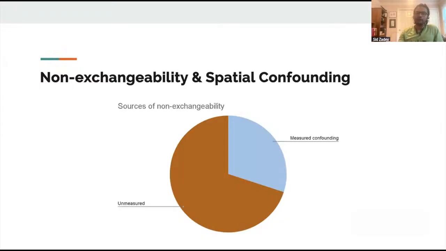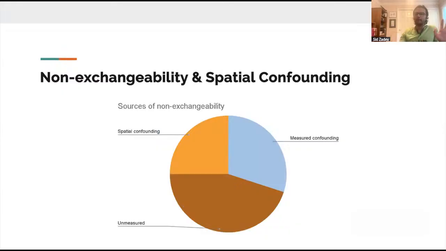For spatial data, we can now think about a part of unmeasured confounding, a piece from that brown part, as spatial confounding. These are unmeasured spatial variables that may be linked to your exposure and outcome. However, there is some use for them, as we'll see in the methods going ahead.